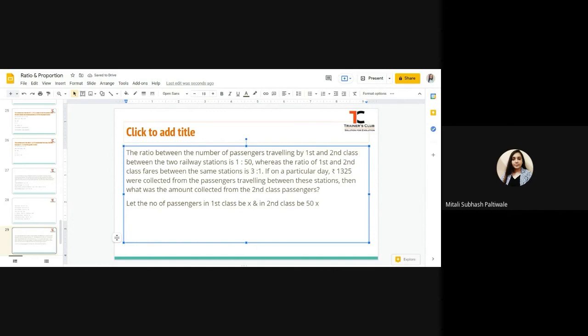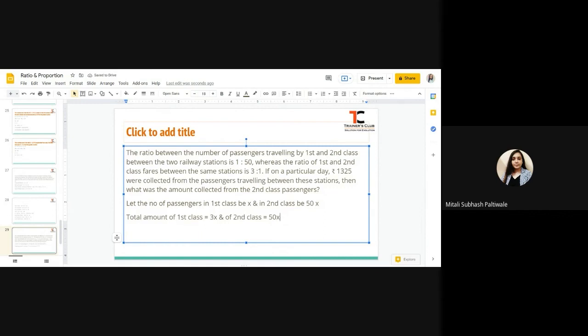Now, the fare ratio of first class to second class is 3 is to 1. So the total amount of first class is 3 times x, and second class will be 50x, because it is 1.